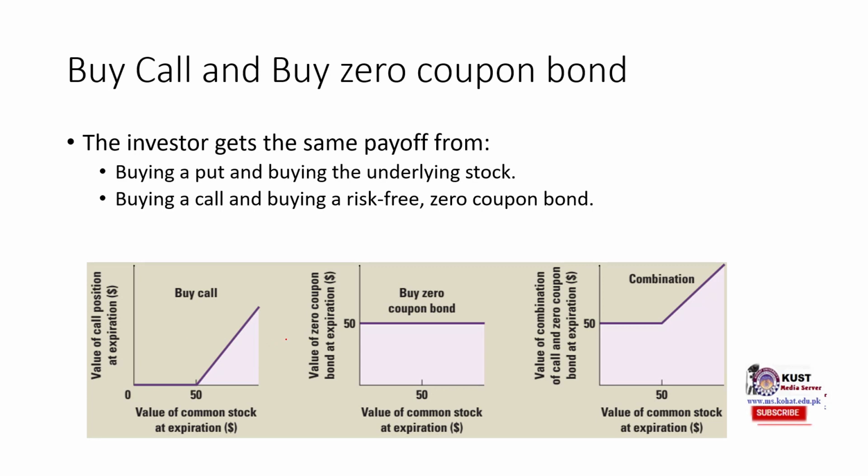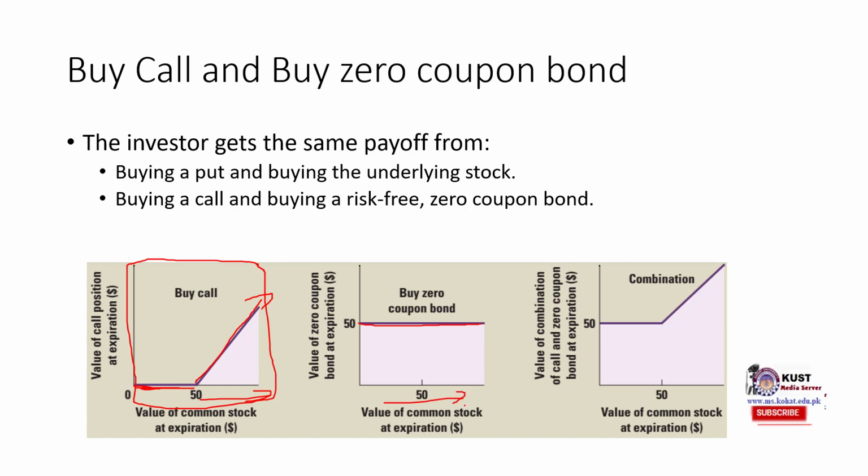So if you look at this diagram, when you buy this call, your maximum loss is the premium, and as the price increases, your profit increases. With the zero coupon bond, your profit would be the same irrespective of the future market price of the commodity.